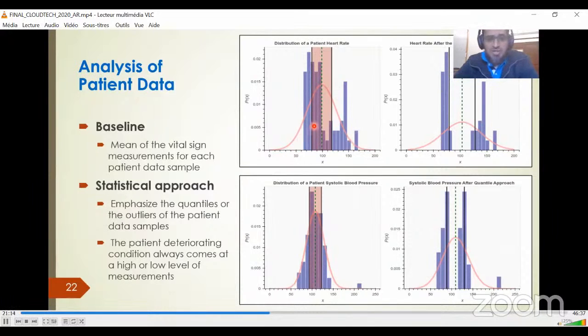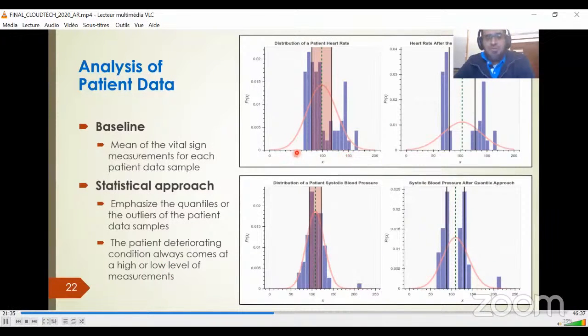So we are going to emphasize the quantiles. We found that the observations in the first and the fourth quantiles are very critical, because most of a patient's deteriorating condition always comes at a high or low level of measurement.